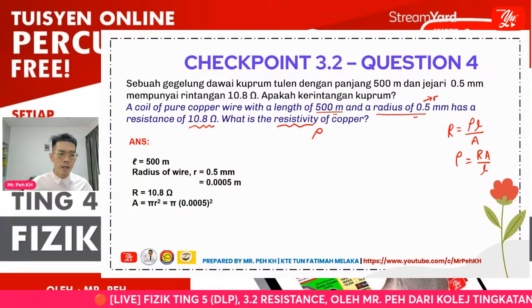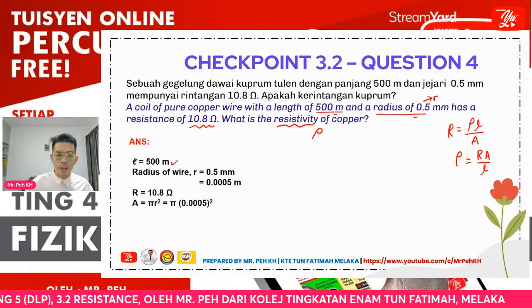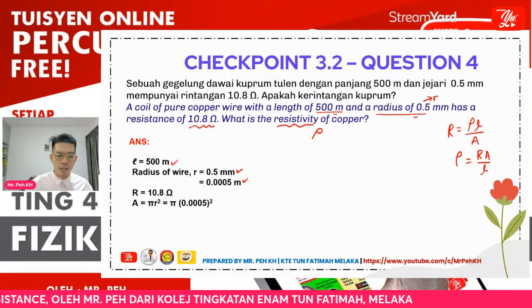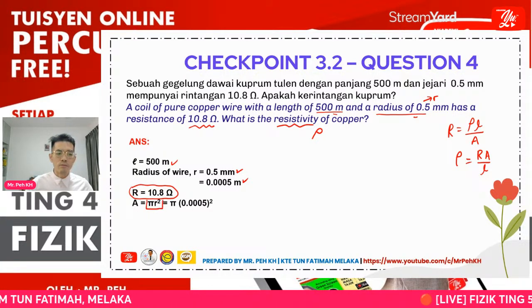Here L is given as 500, the radius is given as 0.5 mm, which you have to change to meters, and the resistance is given as 10.8 ohms. For A, you use the formula pi r squared.